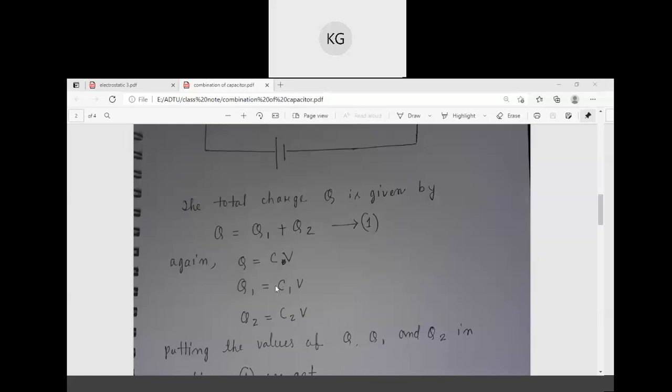Okay, so V will be Q by C1 plus C2. What will be the value of Q1 then? Question is, what will be the value of Q1 in terms of Q and C1 and C2?